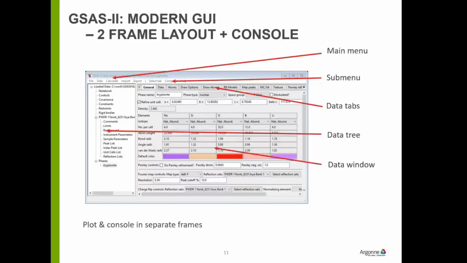This piece is a submenu that's associated with whatever's here. So you can do things in here like copy information from one thing to another, save it, whatever, set flags for refinement, that sort of stuff. So this changes with whatever is selected here.